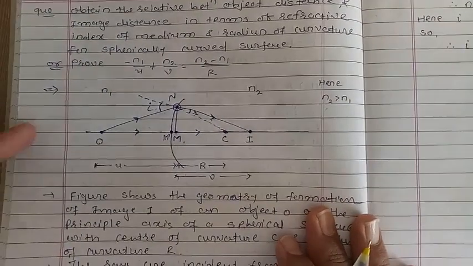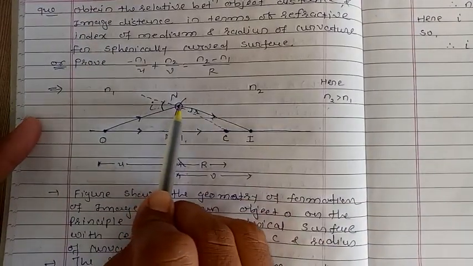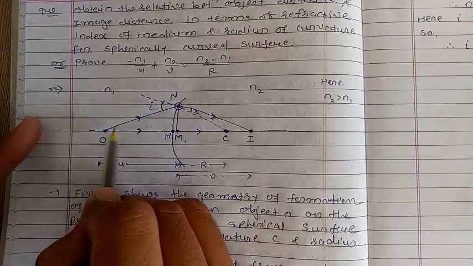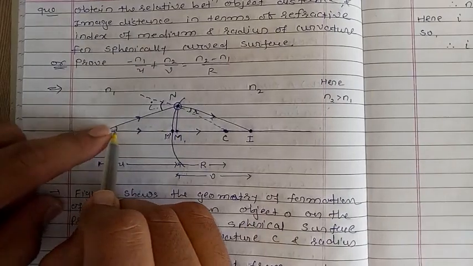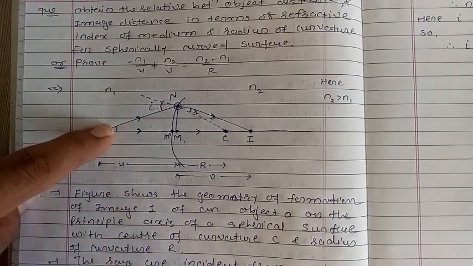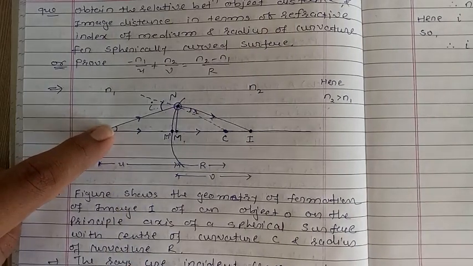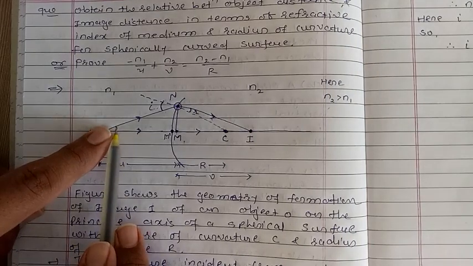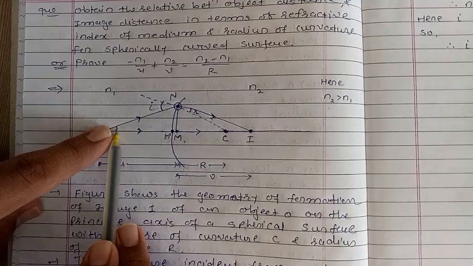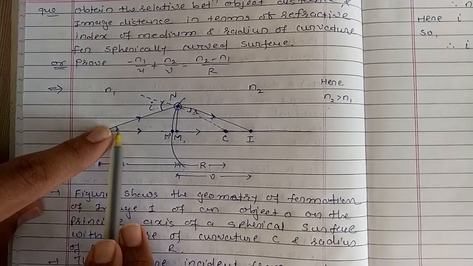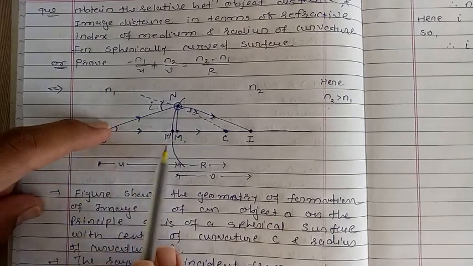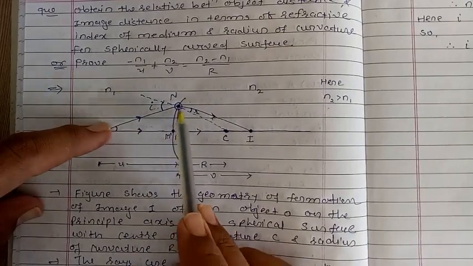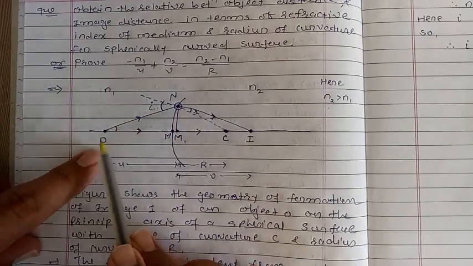So NOM, see here friends, NOM. We have to find out this angle NOM. We have to prove the relation between object distance and image distance with refractive index. So here this theta is tan theta because the angle is very small. We know the formula, tan theta is equal to opposite side by adjacent side. Here the opposite side is NM or MN and the adjacent side is OM.